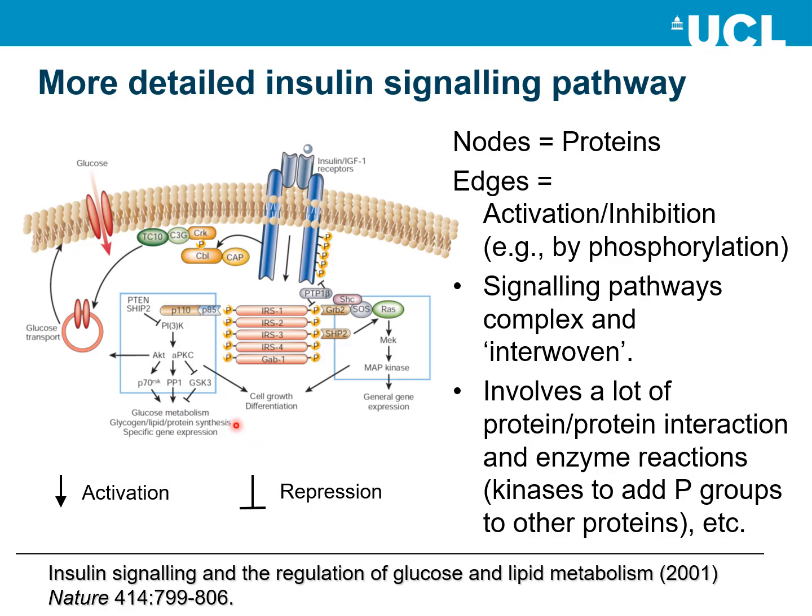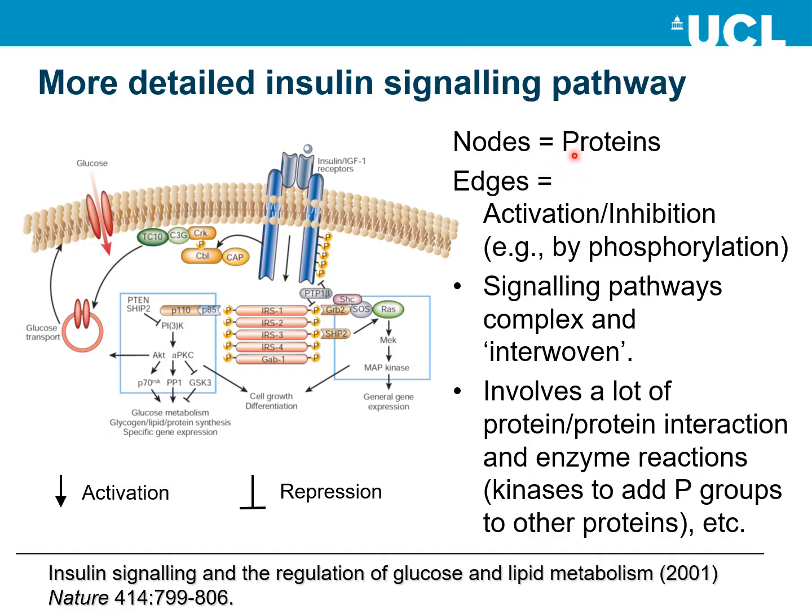So if it's a fat cell, insulin causes the absorption of glucose, but also the turning of that glucose into lipid. Whereas if it's a liver cell, the glucose gets turned into glycogen as a storage. So you can sort of see how complex it all is.